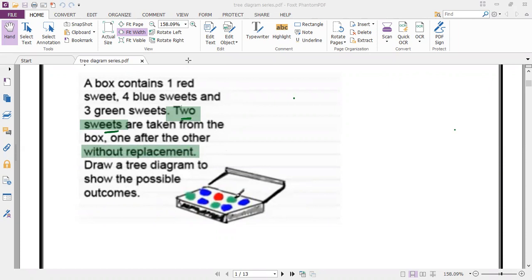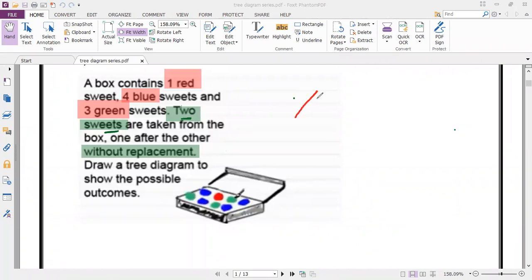Mustafa, how can we draw the tree diagram for the first one? Because we are going to take 2 sweets. We have 1 red, 4 blue and 3 green, and pay attention, without replacement. So for the first sweet, we might take what?